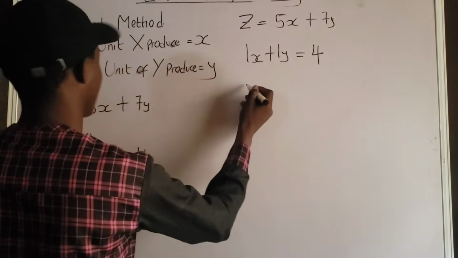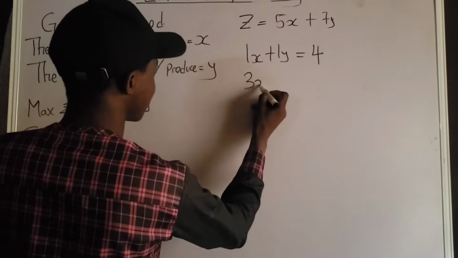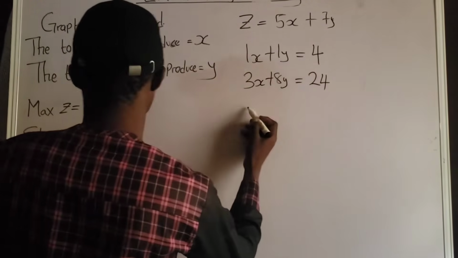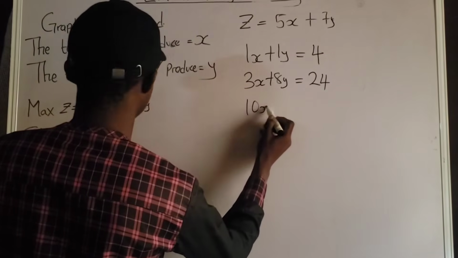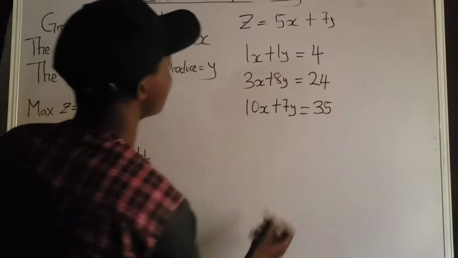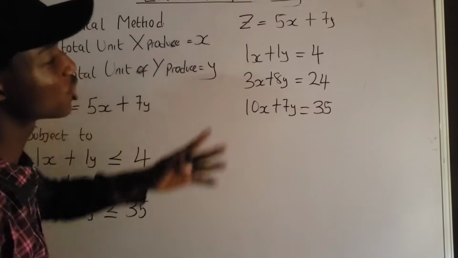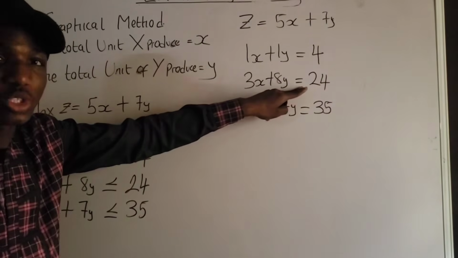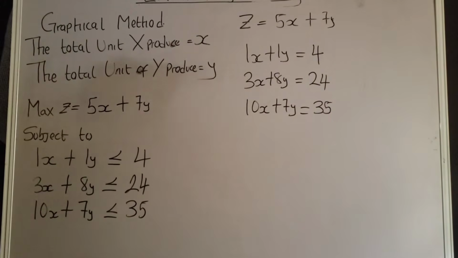I have made this an equation, and for this 3x plus 8y is equals to 24. Then 10x plus 7y is equals to what? 35. So I have made the objective function and the constraint an equation by changing the inequality sign to what? Equals to sign. So now let us proceed to solve.